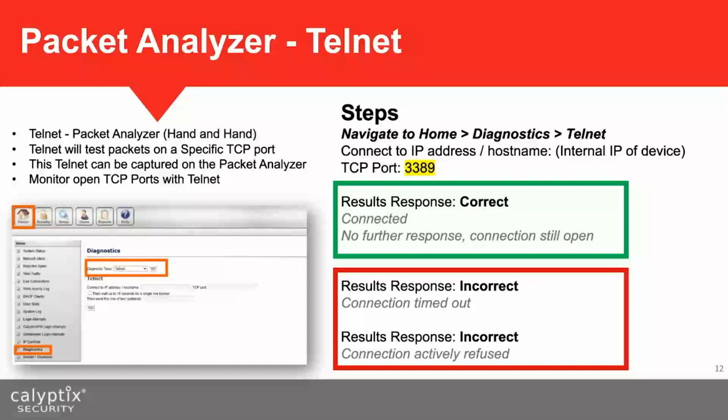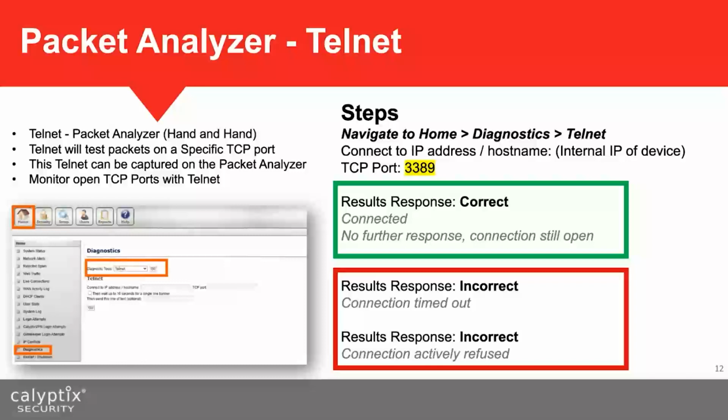Now, granted, Telnet is for TCP traffic only, so I will try to Telnet to that TCP port internally. If you get a good response, it'll say no further response, connection still open. If you're doing a Telnet to, say, port 25, it'll give you the internal name of your mail server. If you get an incorrect response, a timeout, or connection actively refused, that means the internal device is not listening.